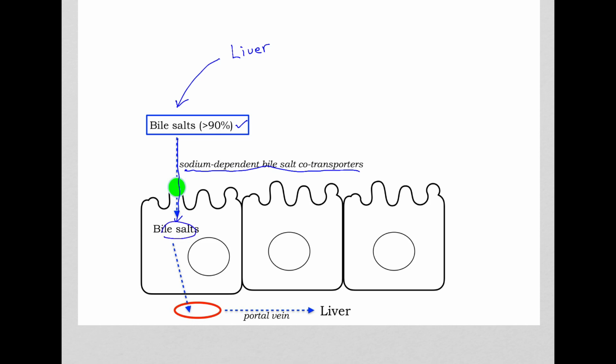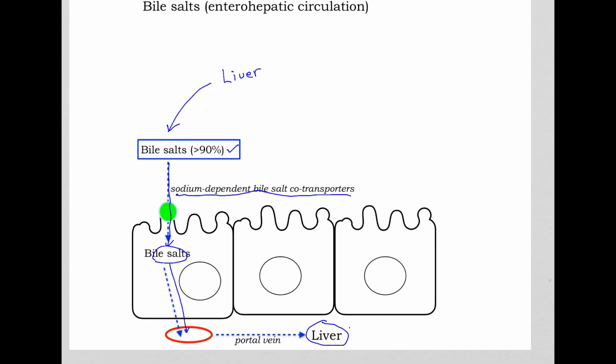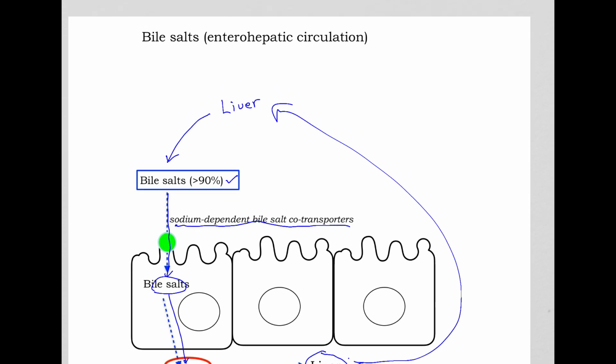So from the enterocytes, these bile salts are sent into the portal vein, and from the portal vein, they will enter back into the liver. So basically, you can see that we have this enterohepatic circulation. Okay, so bile salts are secreted by the liver, and most of them are reabsorbed and sent back to the liver by the enterohepatic circulation.